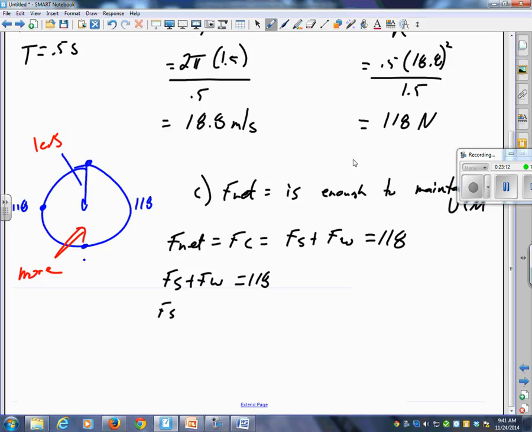So Fs plus 0.5 times minus 9.8 is equal to 118. Now, what is the direction of the force at the bottom? Up. Positive 118.